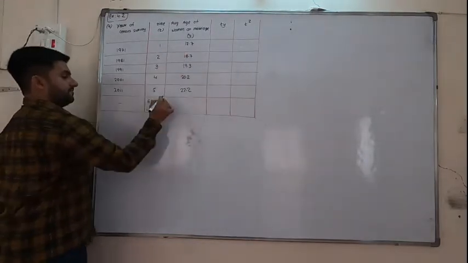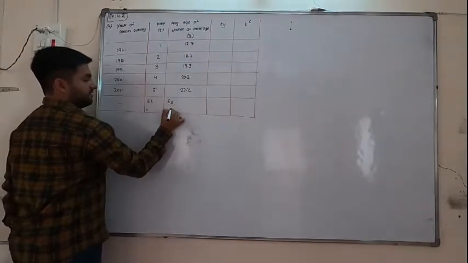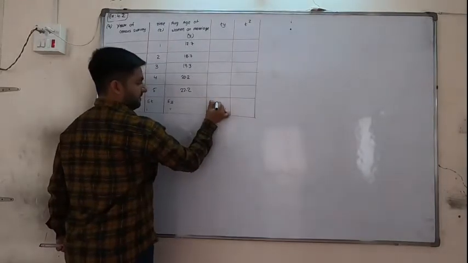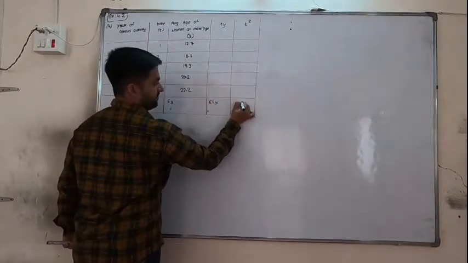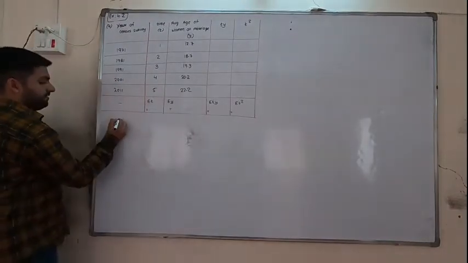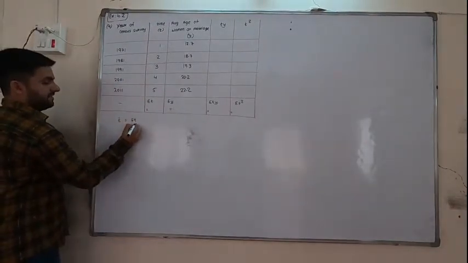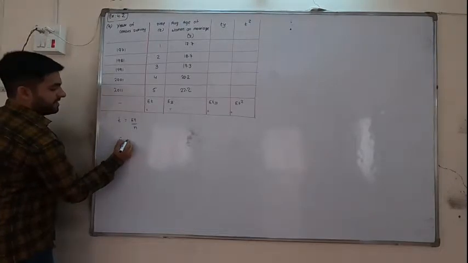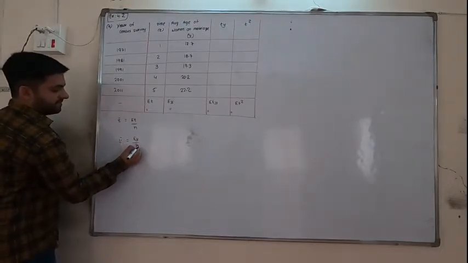Sigma t, sigma y, sigma ty, sigma t square. Okay. t bar is sigma t by n, y bar is sigma y by n.